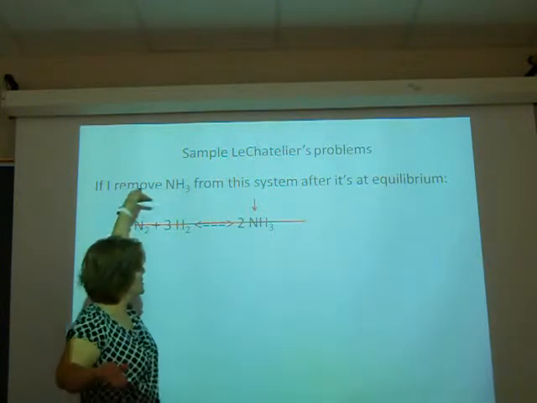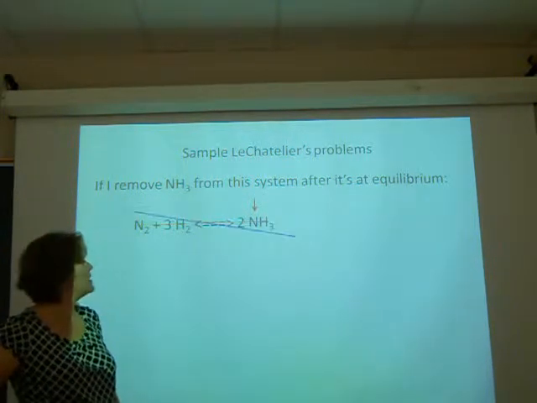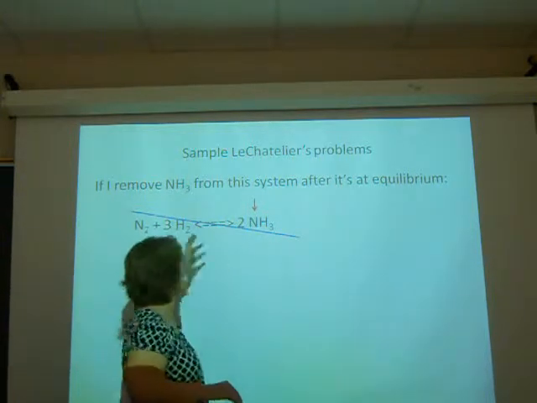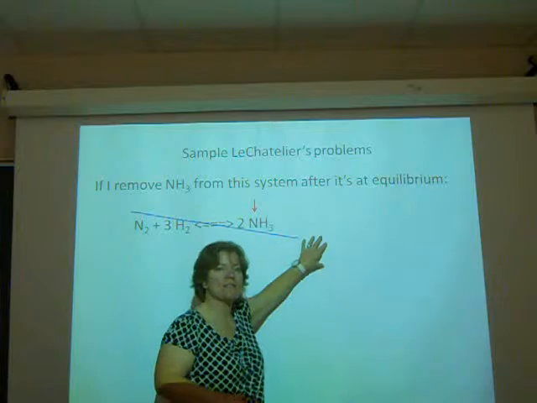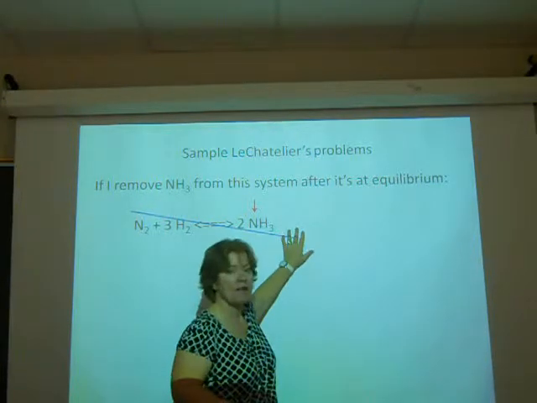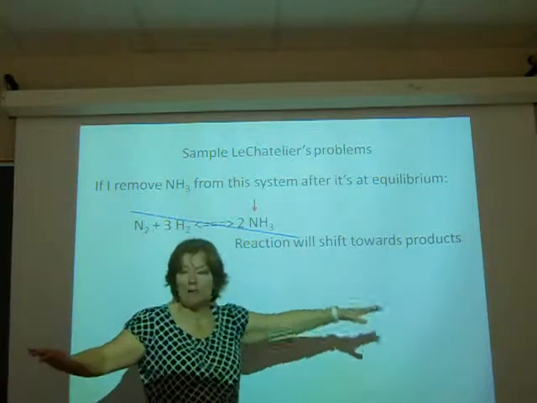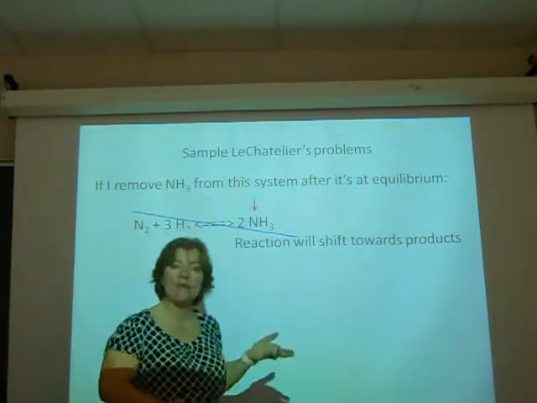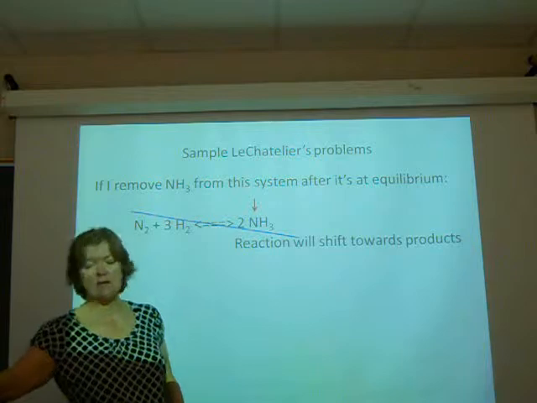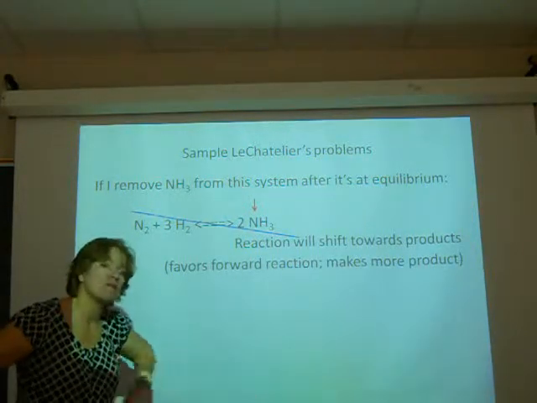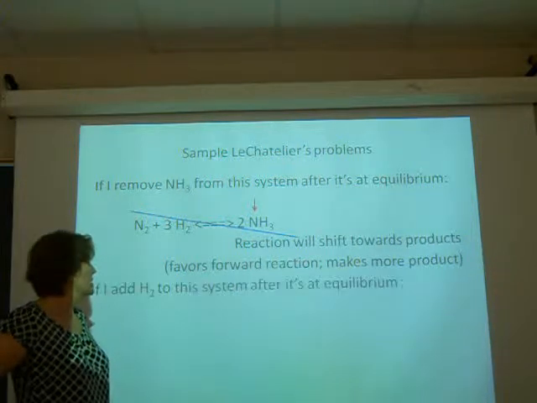That's going to push the line down on the right-hand side, and note that now if I were to put something on this, everything's going to roll towards this side. They're rolling towards the product side. So I could use words like it shifts towards products, or it shifts to the right. Any kind of words like that: favors the forward reaction, it makes more product. All of these are saying the same thing.